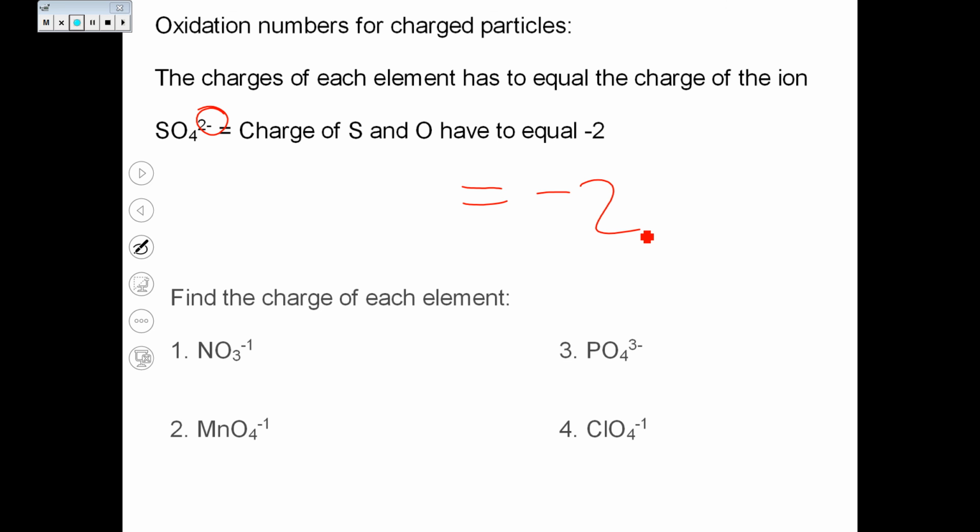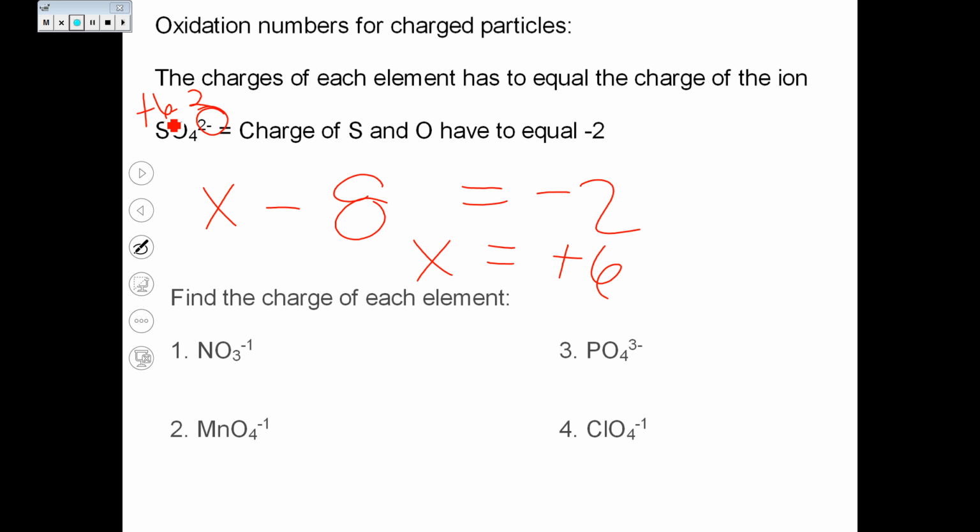For example, sulfur, which we don't know, we'll call X, and oxygen has a charge of -2, so 4 of them contribute a -8 charge. Those charges have to add up to -2, because the ion has an overall charge of -2. So this time, X is going to equal +6. So sulfur will be +6.